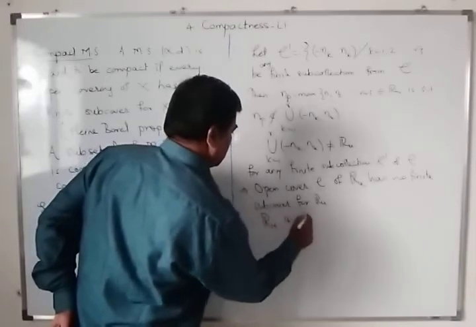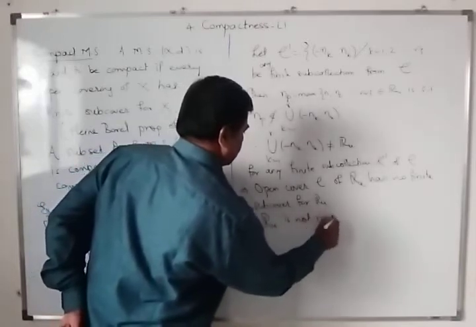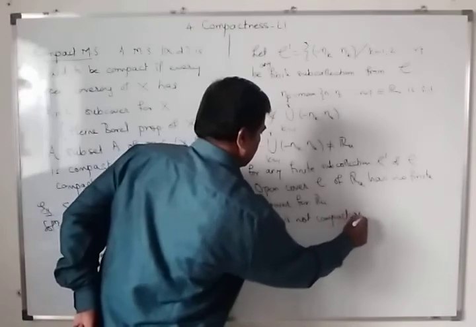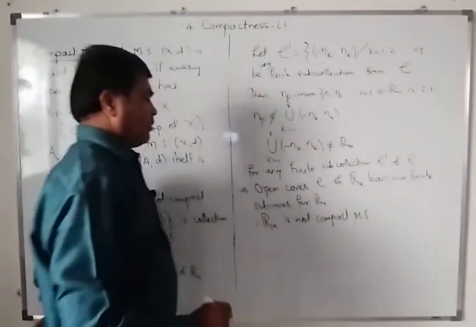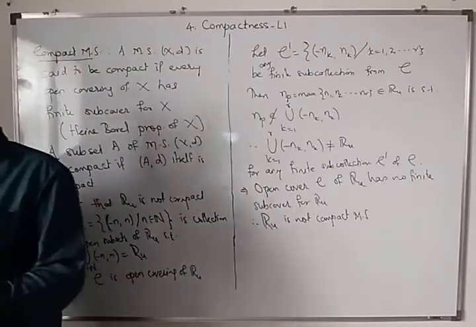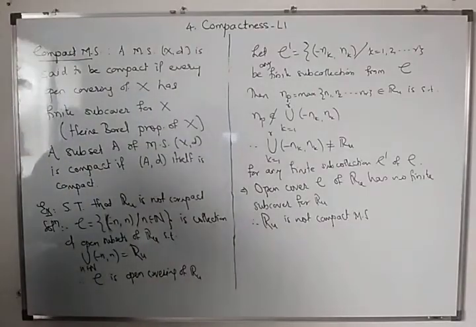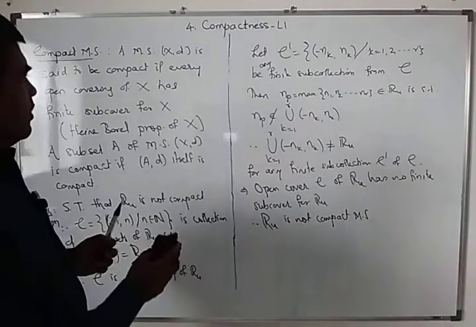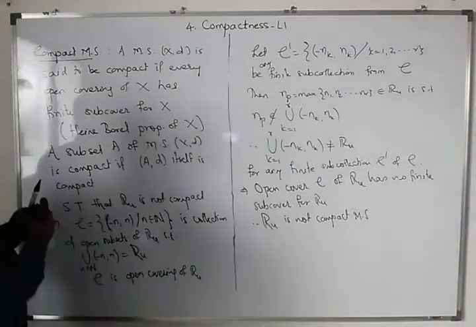R is not a compact metric space. You can construct so many open coverings.